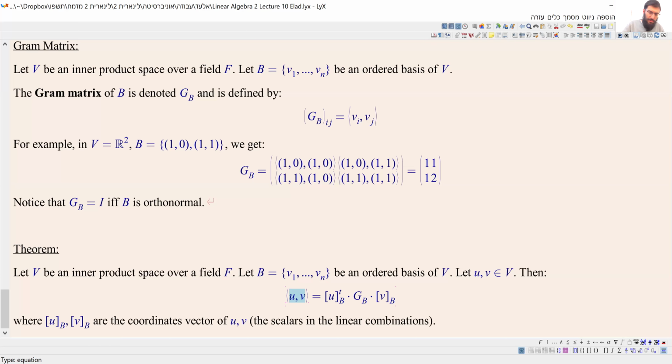We have Bessel, which is right by Pythagoras, which you already proved in lecture number 9, I think. And Bessel gives us Cauchy-Schwarz, which gives us the triangle inequality. So first of all, we show them in order to fill up some holes in proofs we didn't prove in previous lectures. And secondly, we may use them in future material, so it's good to have them right now.